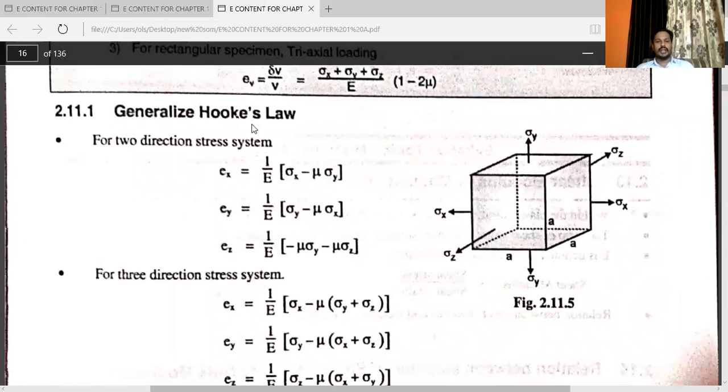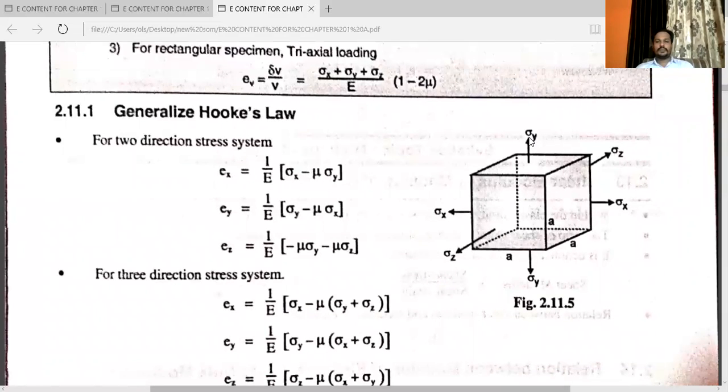See, generalized Hooke's law. You can see this diagram: this is sigma x, this one is sigma y, this one is sigma z. A cube is given, so all the dimensions are length, width, height. Here Ex, Ey, and Ez are given.